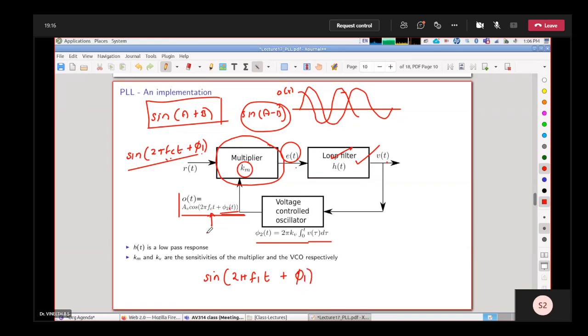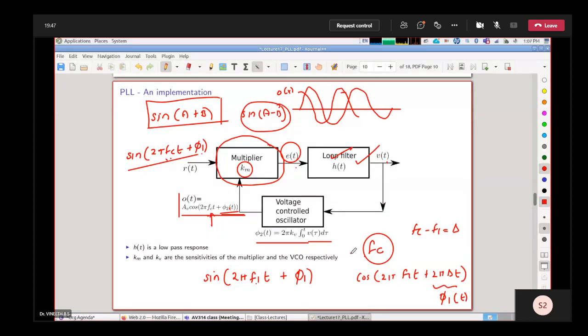Suppose the free running frequency of this VCO is actually FC, and FC is different from this F1. Then I will write this as cos of 2 pi F1 t plus 2 pi delta t, where FC minus F1 is some delta. This I will be calling phi 1 of t.